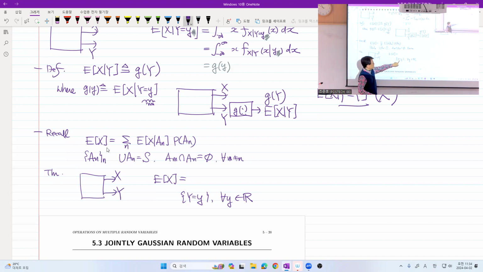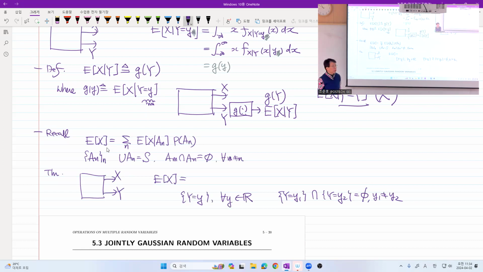Now let's consider a real valued random variable Y. Then if Y is a continuous random variable, how many events do we have? Uncountably infinite. One good thing is that the union of all these events becomes what? The sample space, right? And two different y's give us what?